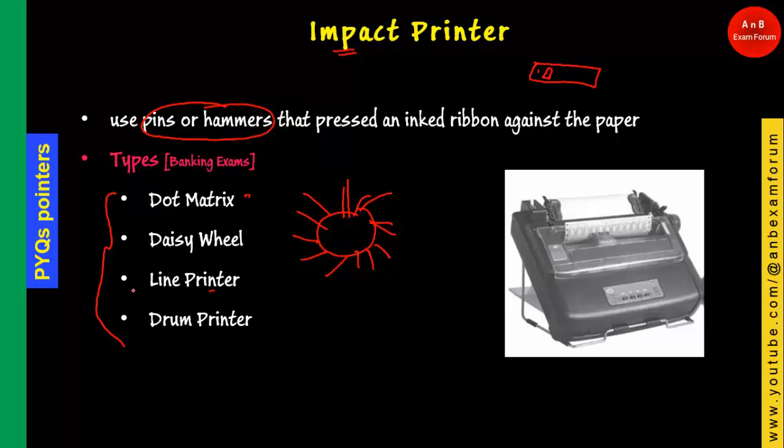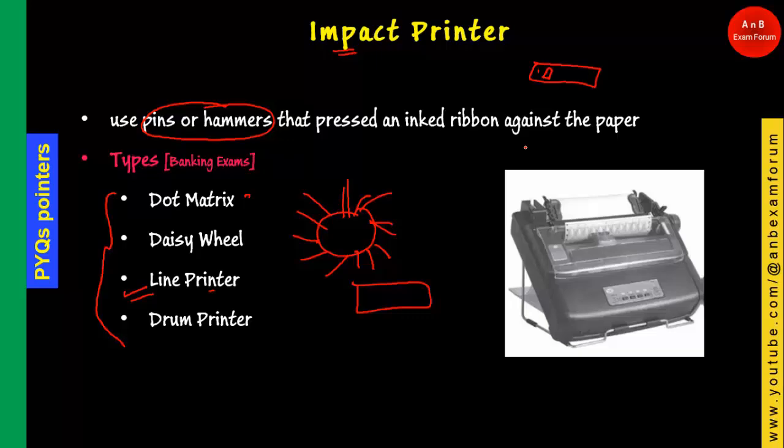Similarly, line printer will be used to print a line with the hammer. Drum printer will have a large drum, over that hammer will be placed. So the basic philosophy remains the same, that hammers are going to be used against the ribbon on the paper.